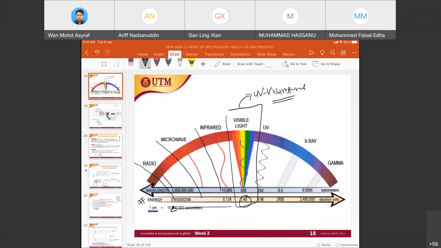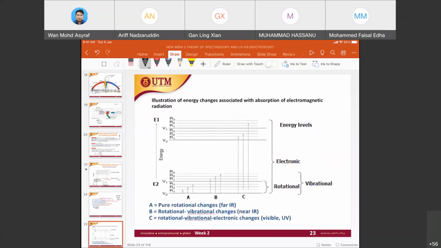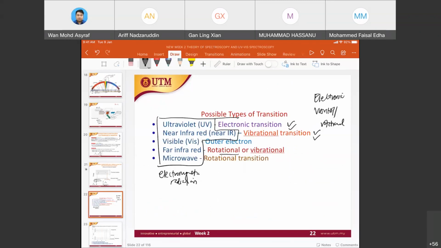From this perspective, we can understand this much better. As I said, ultraviolet is around 2.48 electron volts.